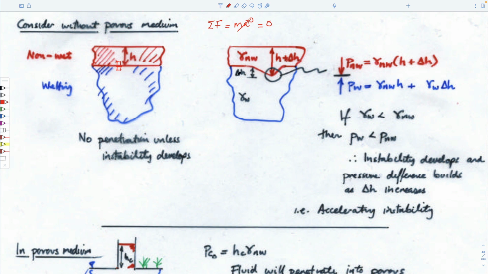So if we take that system and we pull down this upper surface so that it's depressed, then we can look at the force balance that occurs across this boundary. The force is going to be equal to the pressure acting in the blue fluid, and that's going to be the height of the fluid multiplied by its unit weight. The depth of it is going to be the depth h plus some small amount that we pull it down, which we'll call delta h.